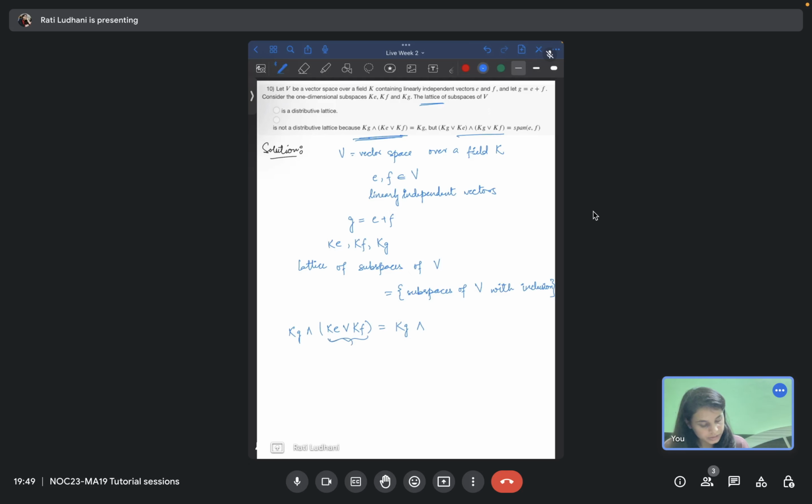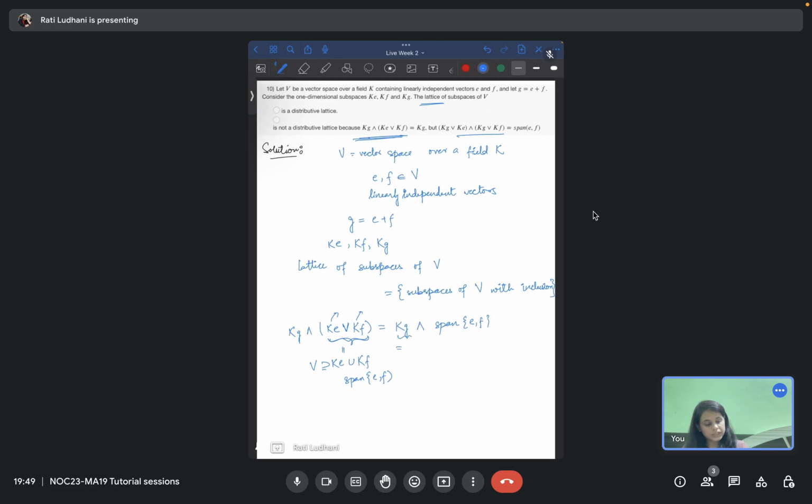Now what will be KE join KF? These are one-dimensional vector spaces, so the join will be the subspace which contains elements E and F. So it is the span of E and F. You know that if there are two elements, then the full vector space is spanned by them, so the span of this set.